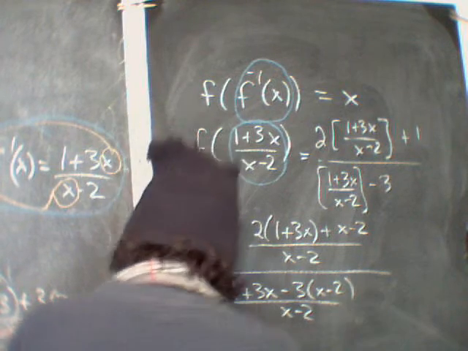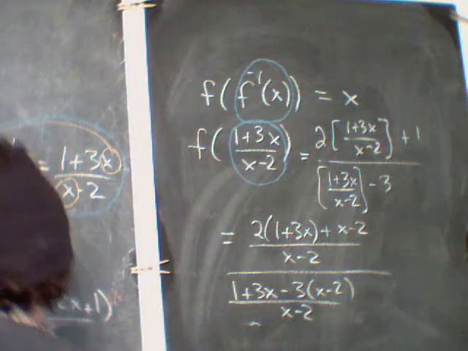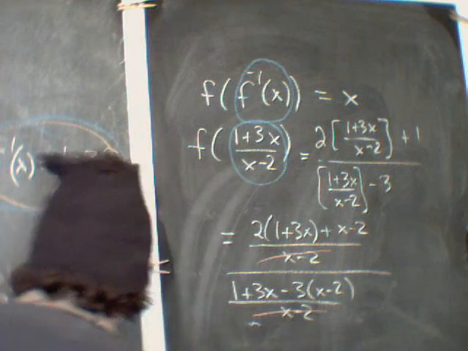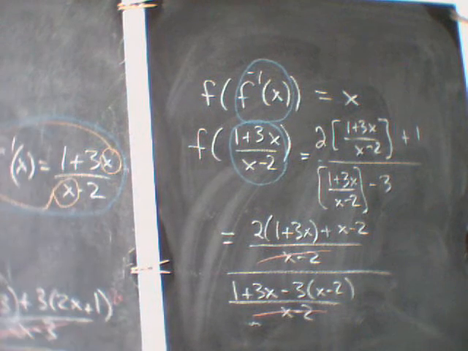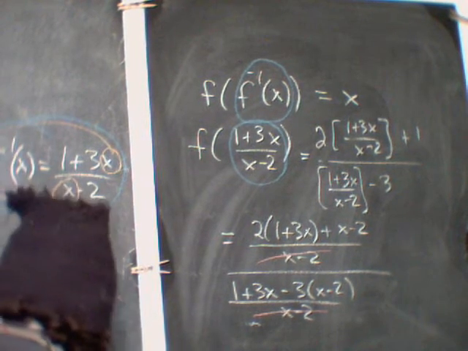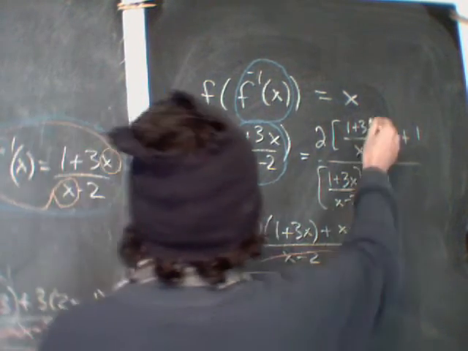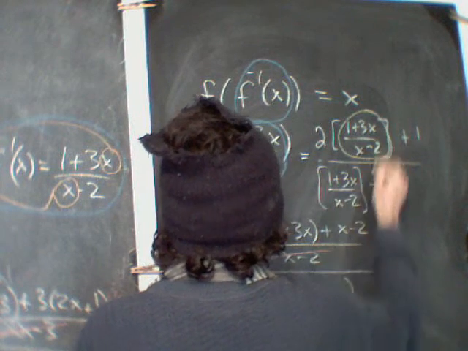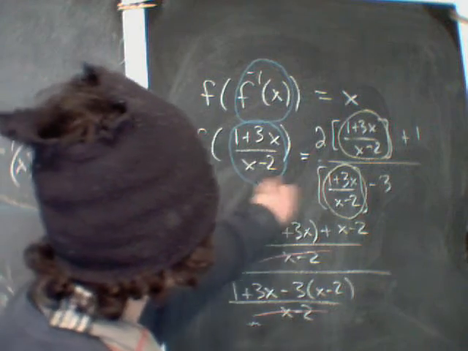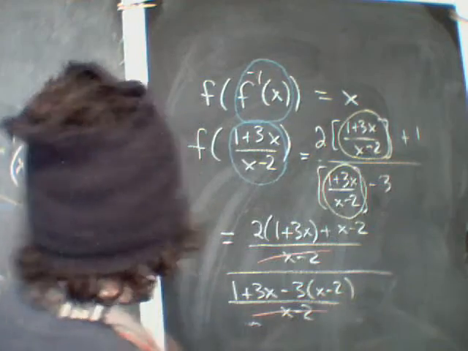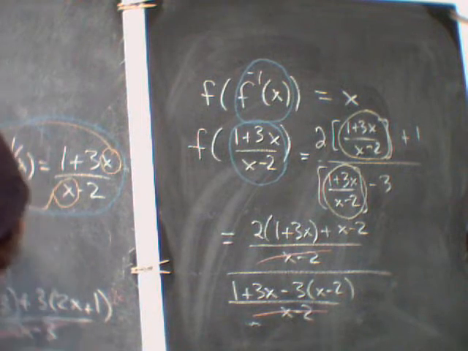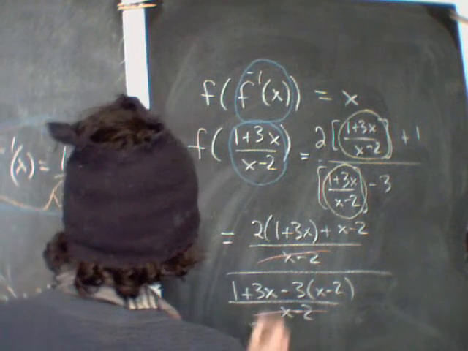Well, now at this point, the x minus 2's cancel away, and we just need to simplify. But the key step was doing this, making that substitution into the original function f. Everywhere we saw the blue thing, we had to put it over here, where x was in the original function. Anyway, we've been through that already.